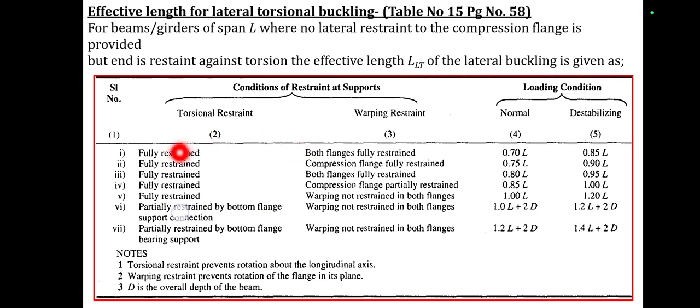There we are considering the column is restrained against rotation and translation. Here we are considering the beam is restrained against torsion and warping.